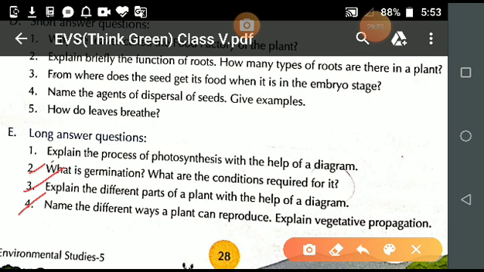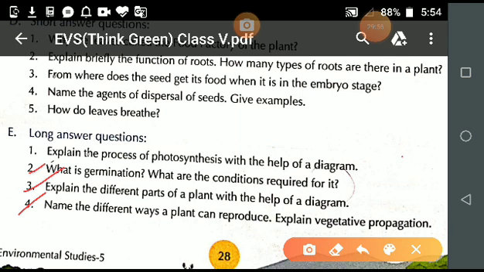Vegetative propagation is the process by which plants multiply with the help of roots, stem, leaves and spores.